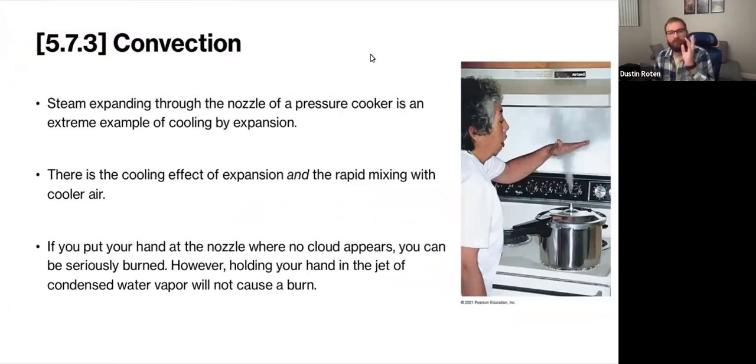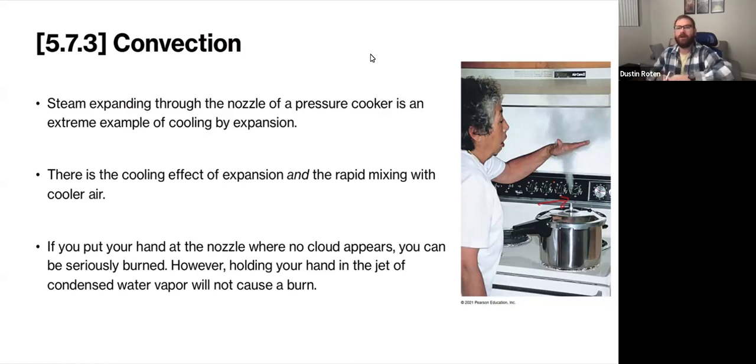One extreme example of this sort of happening all at once is just steam coming out of the top of the pressure cooker. My mom and grandmothers all did a lot of canned foods when I was growing up, so I got to see this a lot. But the whole idea is that when this pressure is releasing, you've got very hot steam down here at the bottom.